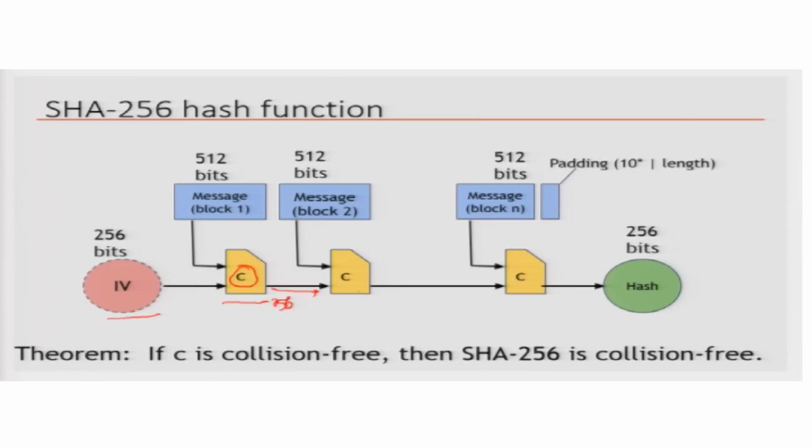So, this is 256, this is 256 and so on, and this is 512. They come out as another 256 bits and you apply this in a chain until all the 512 bit chunks, including the one with the padding, have finished, and then what you get out is a 256 bit number.